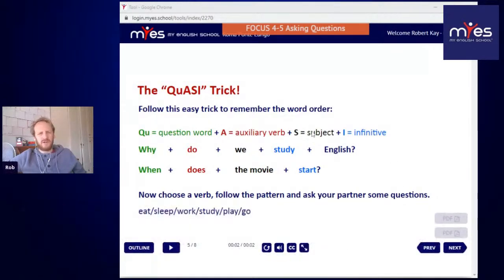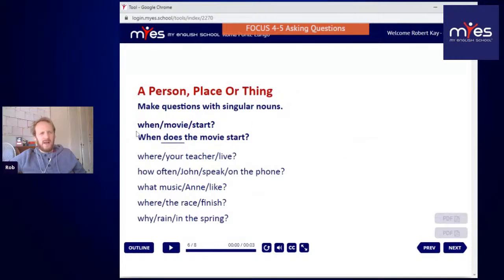Okay, well, we're going to look at some more questions. I have some sentences here. I'd like you to turn them into questions. For example, "when movie start" would be "when does the movie start?"